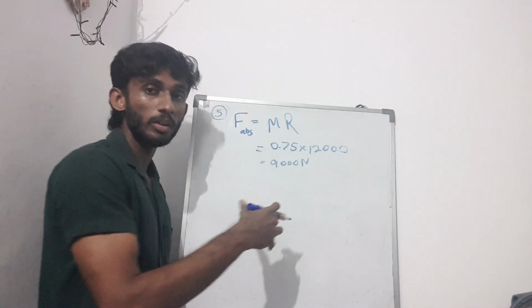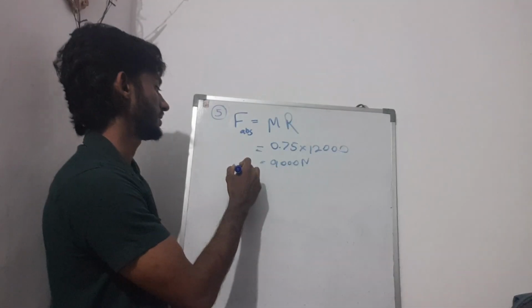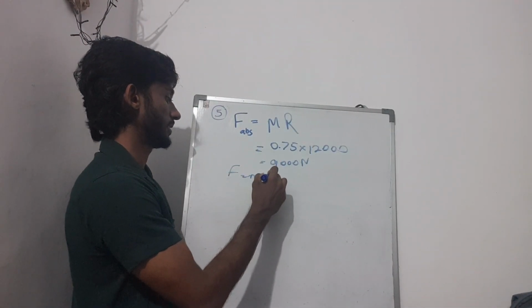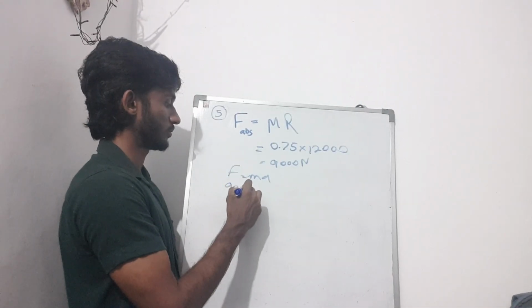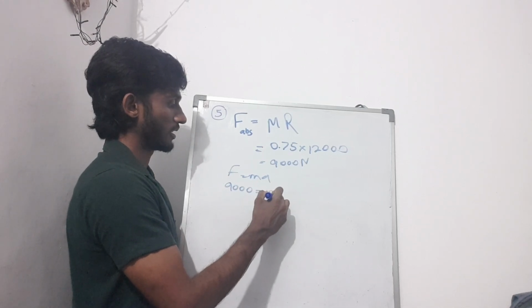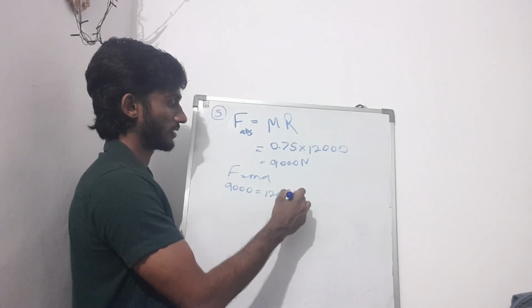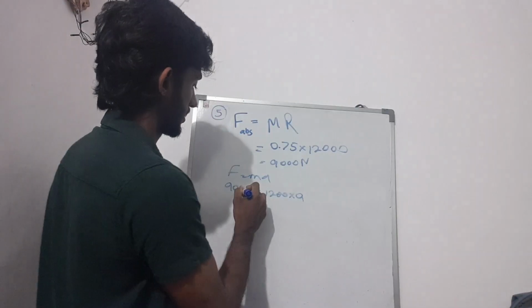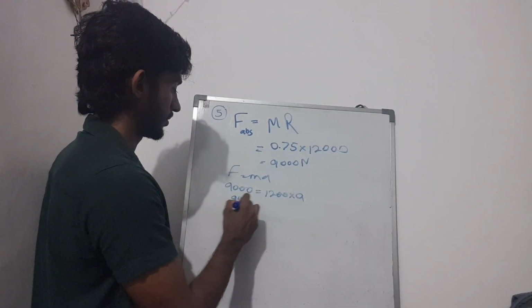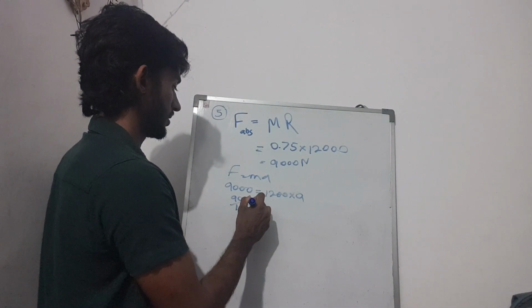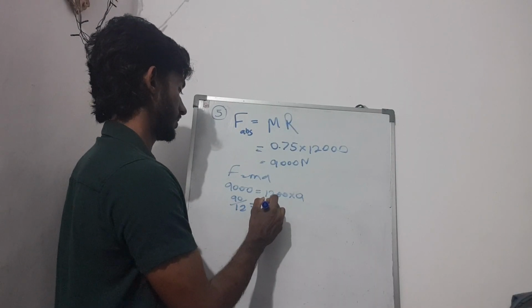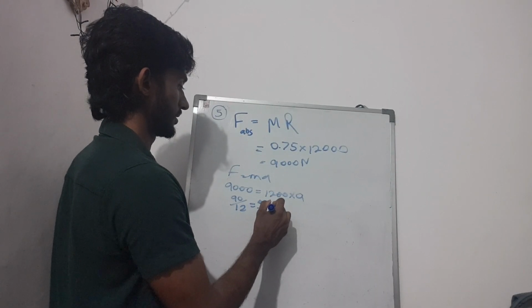Then we should calculate the acceleration. F equals m a, 9,000 equals 1200 a. 90 over 12 means 45 over 6 equals a.